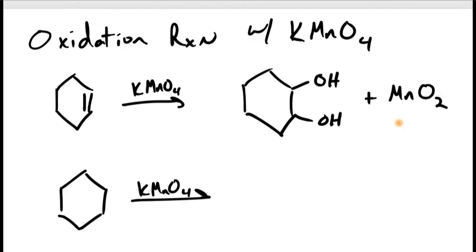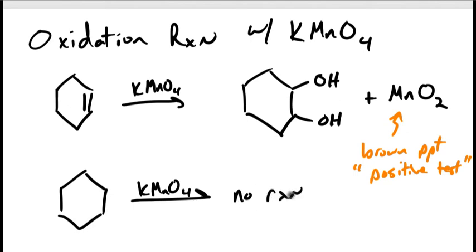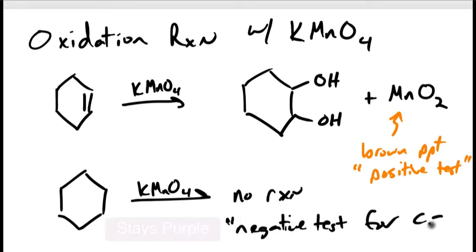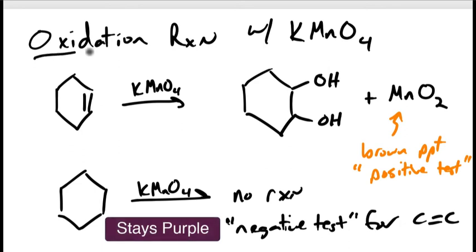This is a brown precipitate. So if you see the brown precipitate, well, this is a positive test. Again, a positive test saying that if you see the brown precipitate, an alkene is in the sample. Potassium permanganate does not react with an alkane that way. There's no reaction. We'd say this is a negative test for a double bond.